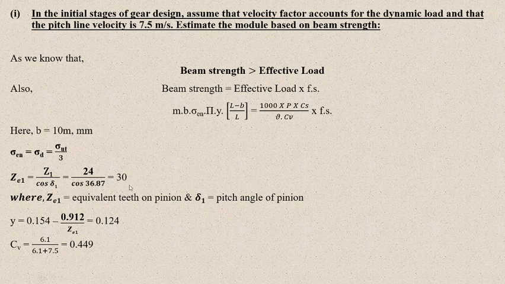You have to understand here that when you find the value of Lewis form factor, that is this, y = 0.154 minus 0.912 upon Ze1. Here Ze1 is the equivalent teeth on pinion, and Ze1 = Z1 upon cos delta 1. Delta 1 is the pitch angle of the pinion. So calculate all the values.